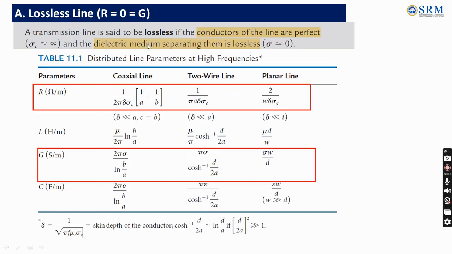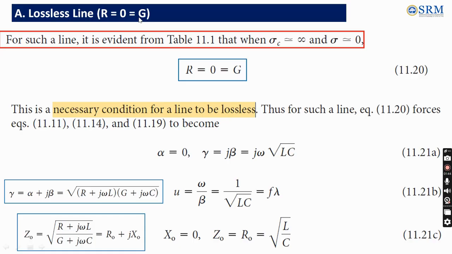If we apply the condition that conductivity is infinity, R is inversely proportional to the conductivity of the conductor, so we get R as 0, since 1 by infinity is 0. Similarly for G, with the conductivity of the dielectric medium zero, everything turns out to be 0. The L and C components do not have the conductivity parameter. So R and G both are equal to 0 in a lossless line.